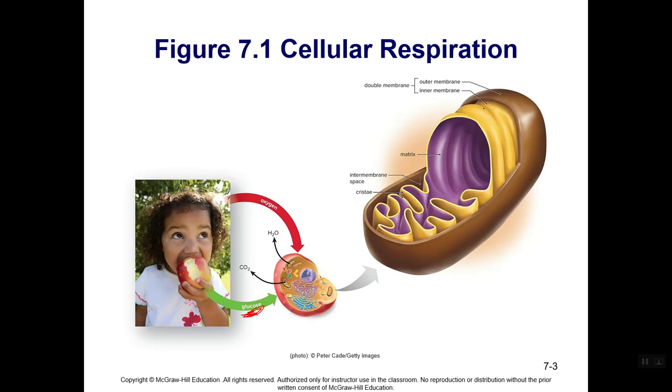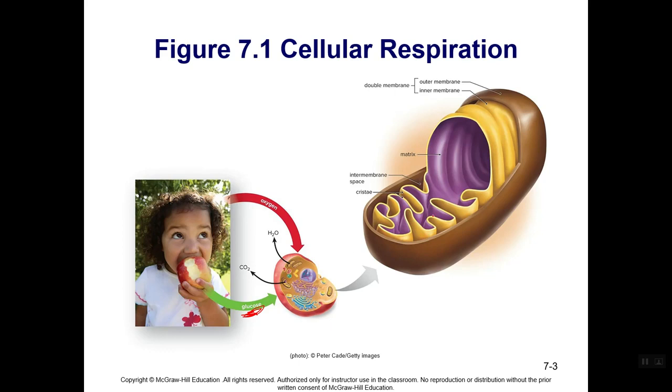Just to give you a reminder of the general structure of a mitochondria, it has a double membrane, just like the chloroplast did in photosynthesis. The inner membrane is really convoluted. It has lots of ups and downs, that increases... you tell me. Think about it.